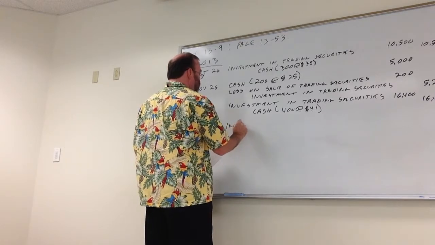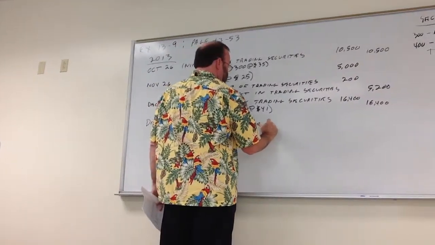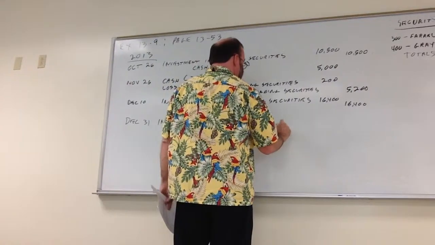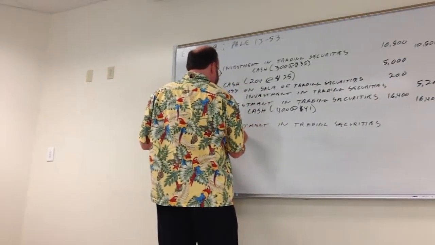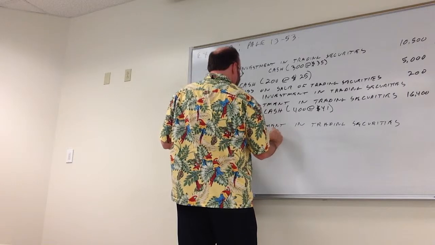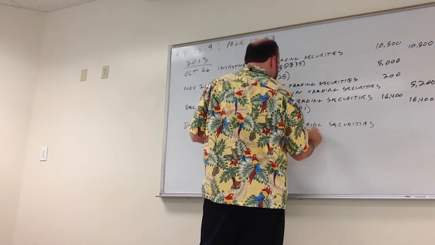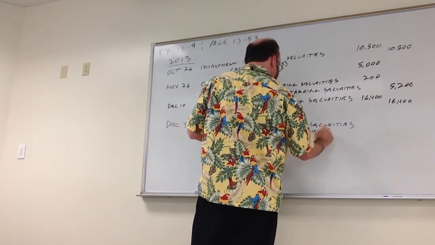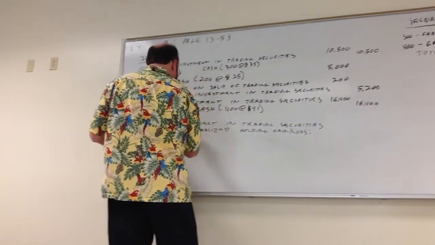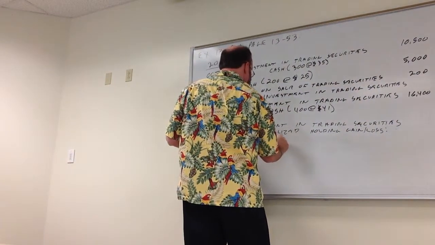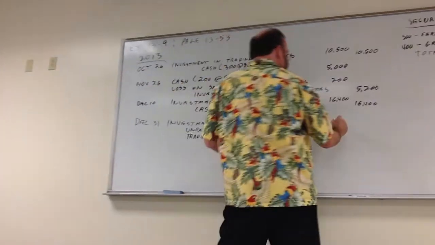So we're going to debit investment in trading securities, and we're going to credit unrealized holding gain or loss, and in this case it's a gain, on trading securities. And that's the $500.